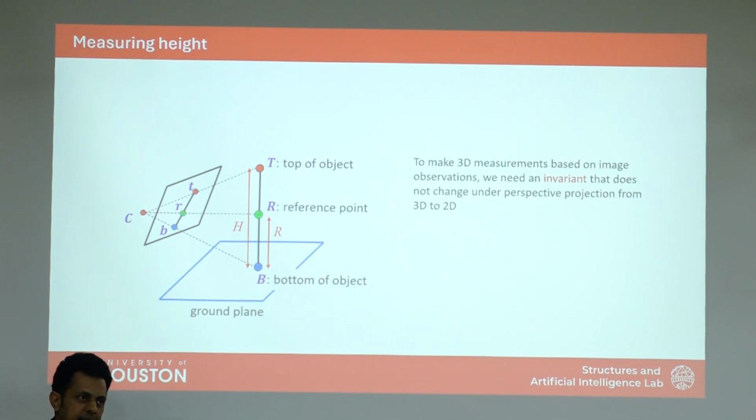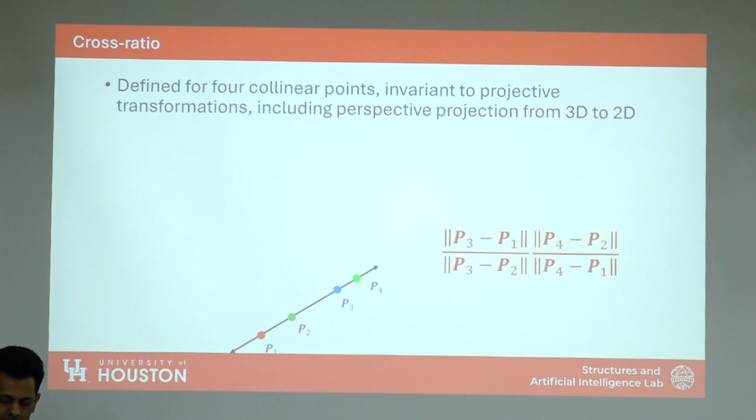An invariant is basically some quantity whose ratio doesn't change irrespective of how you sample. So I need to find an invariant that I can use to figure out this h over r, given that I know these vanishing points. And the invariant that we'll use is this one.